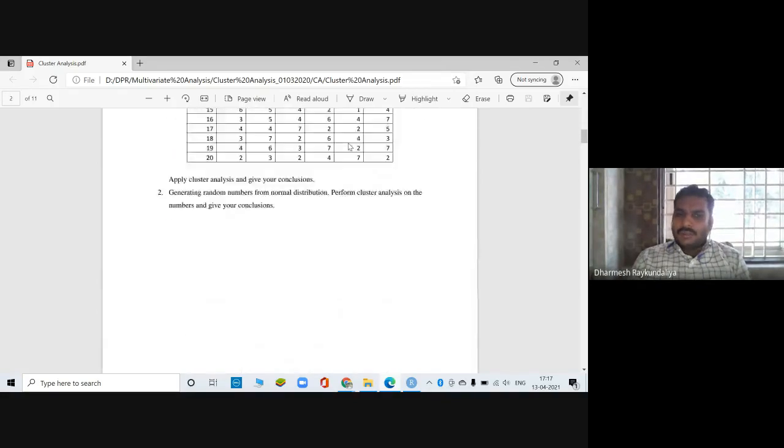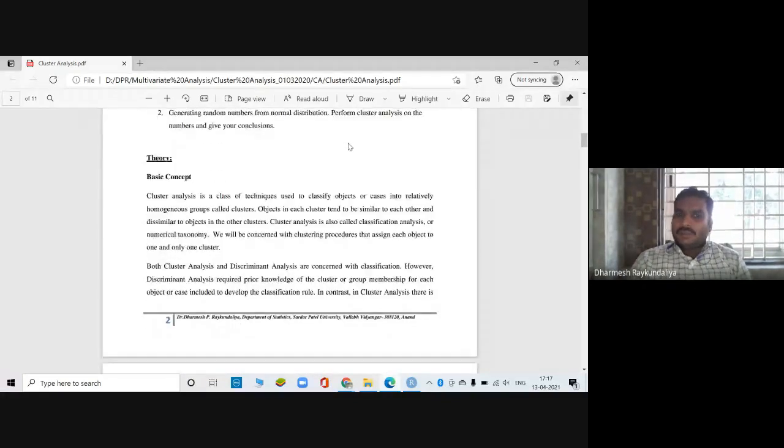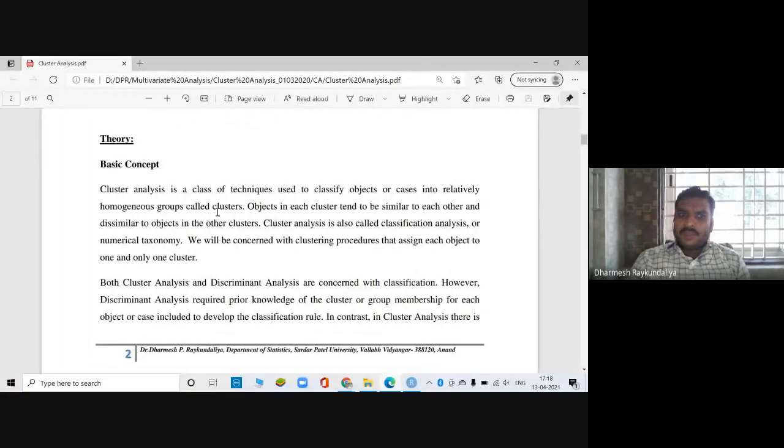Cluster analysis is a technique used to classify objects or cases into relatively homogeneous groups called clusters. Whenever you do cluster analysis, clustering should be done in such a way that within the group, data are more or less homogeneous, and between groups they are more or less heterogeneous.